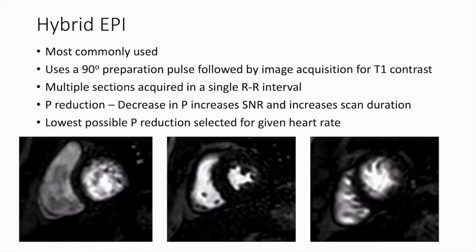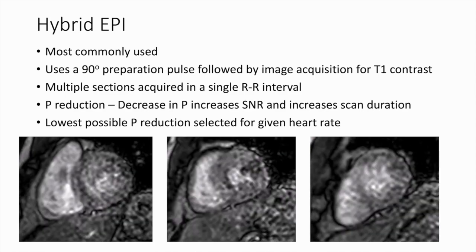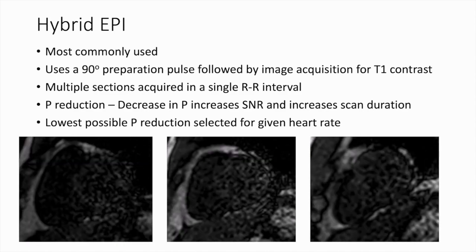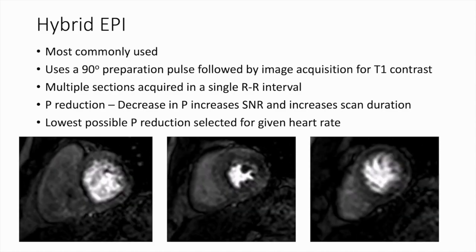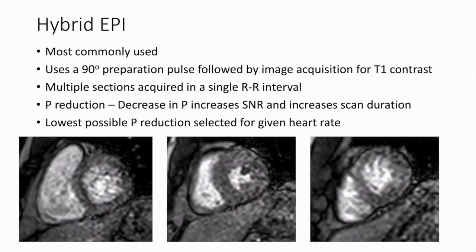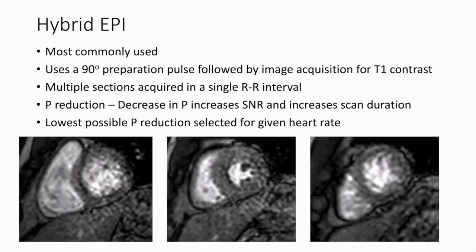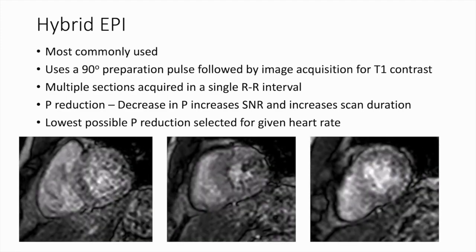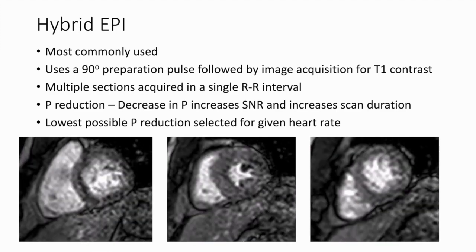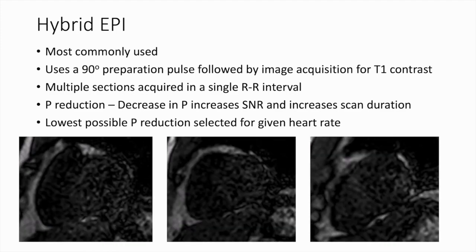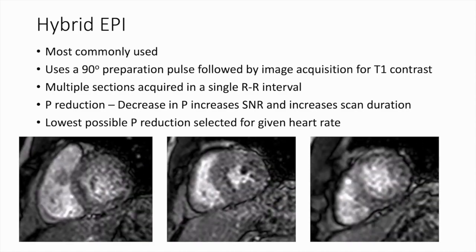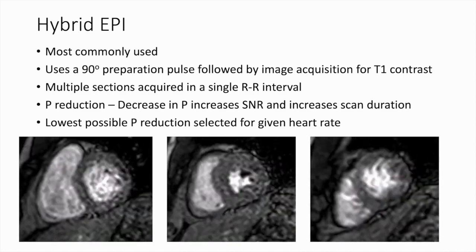Hybrid EPI is the most commonly used dynamic sequence. It uses a 90-degree preparation pulse followed by echoplanar imaging acquisition that gives a T1 contrast. Multiple sections can be acquired in a single RR interval in this sequence. P reduction is an EPI factor, reducing which increases the signal to noise ratio as well as the scan duration.